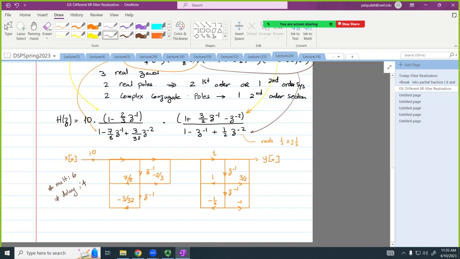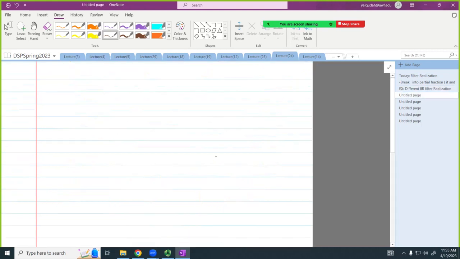Finally, we're going to look at the parallel form. We're going to do partial fraction expansion. If the numerator order is greater than or equal to the denominator order, then we divide and have a quotient.